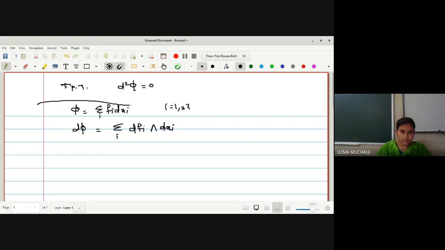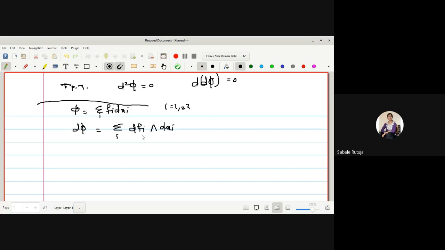These are the two things provided to us, and we want to prove that d2 phi is equal to 0, or we can say exterior derivative of d phi again with d. That means d of d phi. Okay, this is equal to 0. Okay, any doubt up to this one? No, ma'am. Okay, let me start the proof.